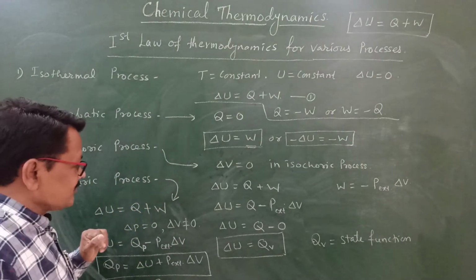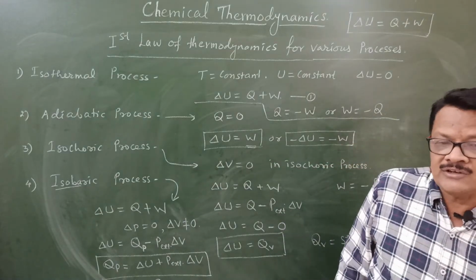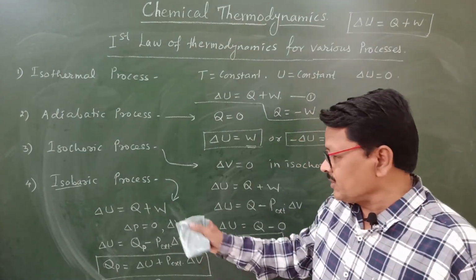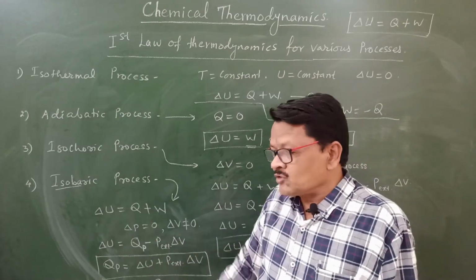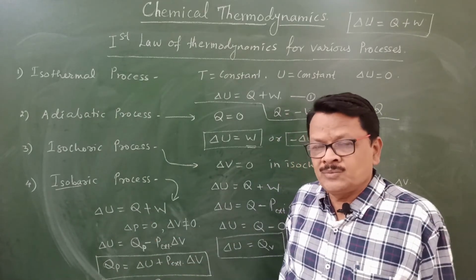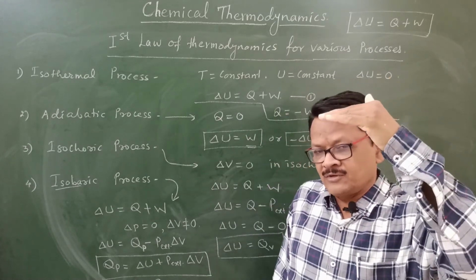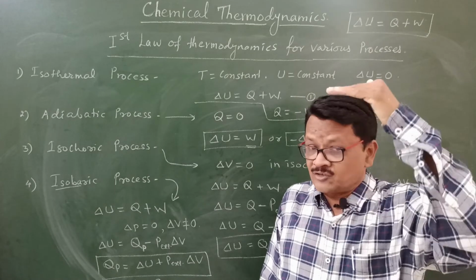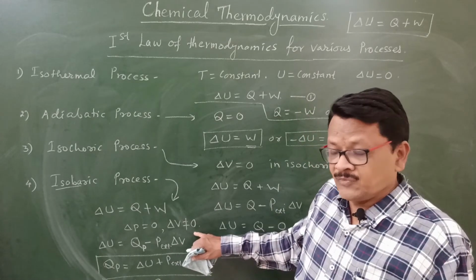And the isobaric process is the process in which the pressure of the system remains constant, meaning change in pressure delta P is equal to 0. This process is carried out at constant external pressure, and change in volume takes place, meaning delta V is not equal to 0 here, keep in mind.